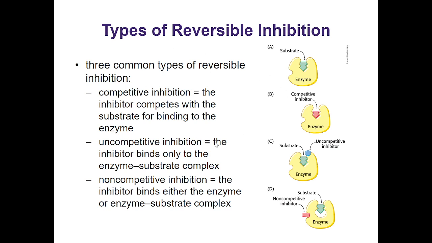Okay. Then there's uncompetitive inhibition. This is going to have an inhibitor that binds only to the enzyme-substrate complex. So think of this: it's uncompetitive, so it's not just not competing for it. It's so far away from being competitive that it's uncompetitive.